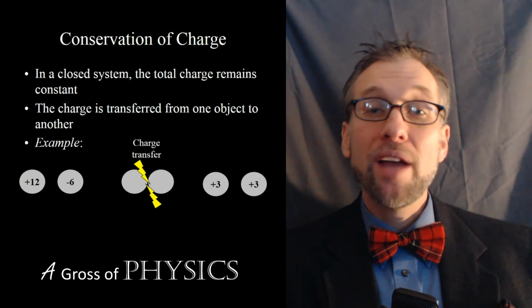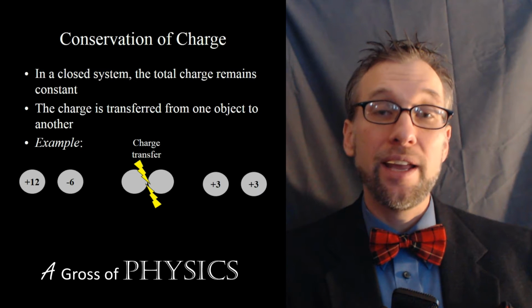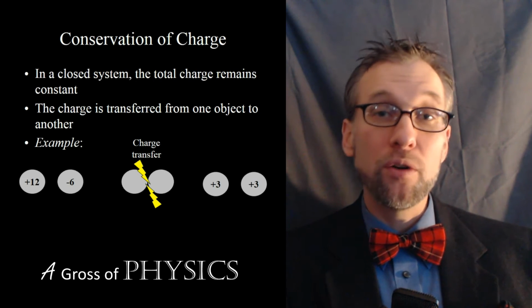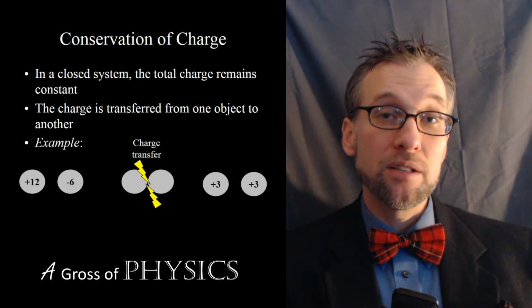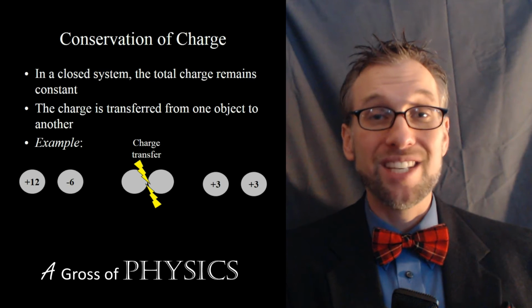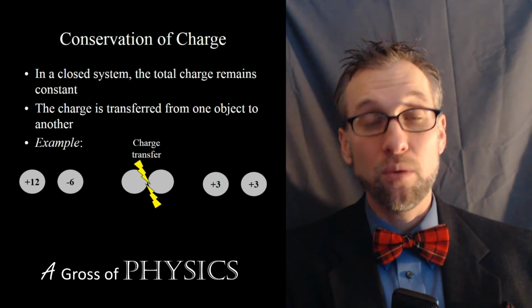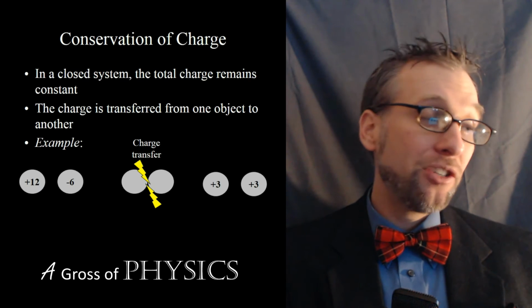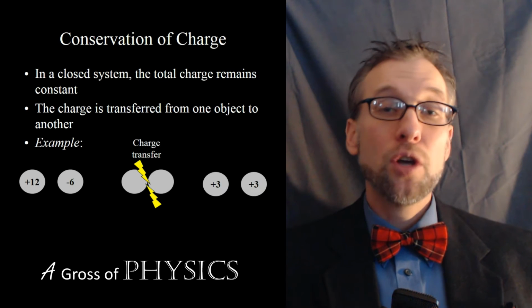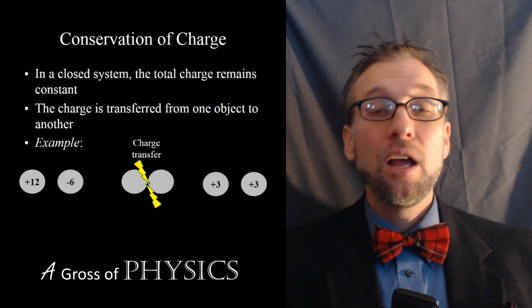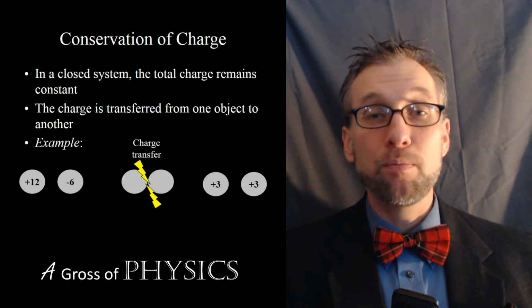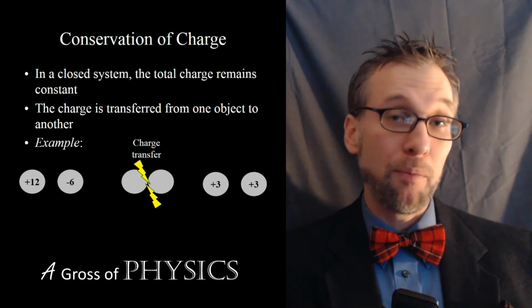Now, with that said, we have conservation of charge in a closed system. That means if we have two objects that were neutral and one gains electrons and the other loses electrons, the total charge of the system still needs to be 0 or neutral. And that's just simply stated as in a closed system, the total charge is constant. So what we can do is determine what the charges will be in different situations where charged objects will touch one another and then separate.